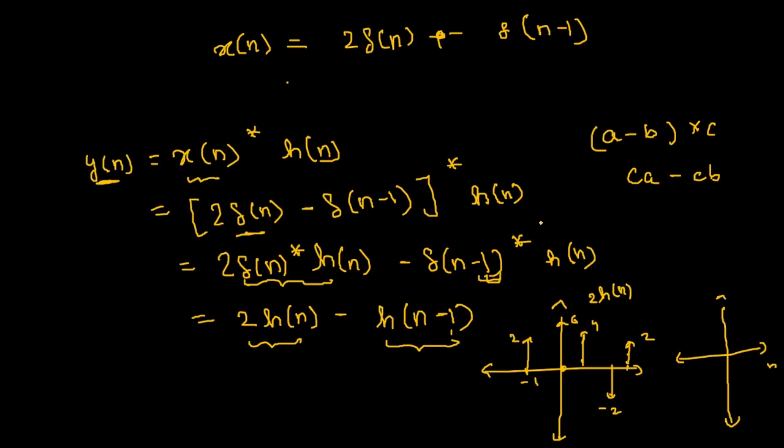So why I said this is preferred to be used only for small or fewer values of x of n is because, let's say there were 4 or 5 values of x of n. You would have to apply convolution to each function and then use the delta function properties, and you would have to find the difference between 5 graphs.